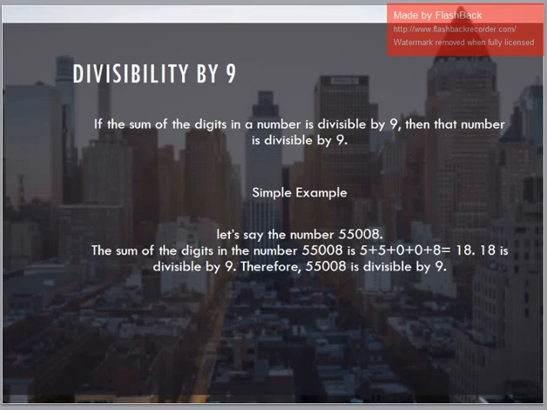Let's say the number 55,008. The sum of the digits in the number 55,008 is 5 plus 5 plus 0 plus 0 plus 8, which results in 18. 18 is divisible by 9. Therefore, the given number is divisible by 9.